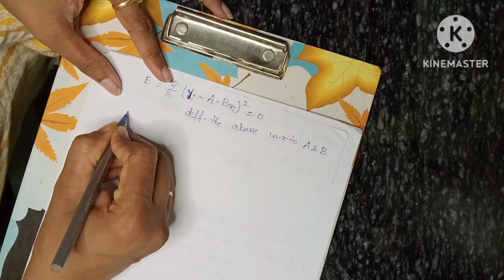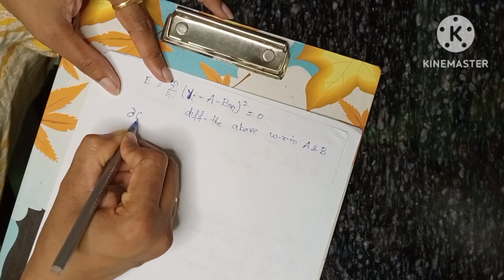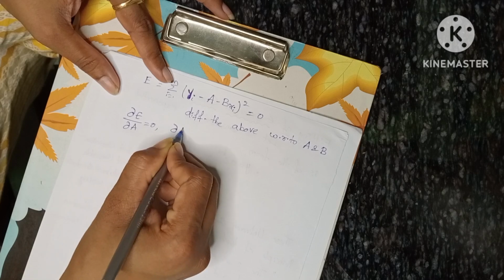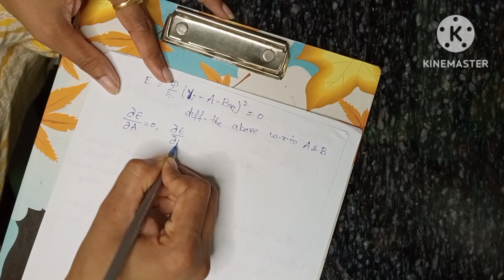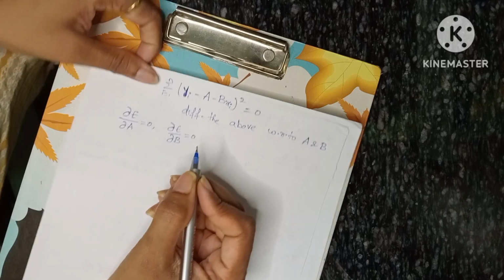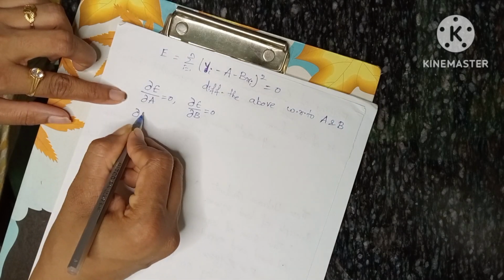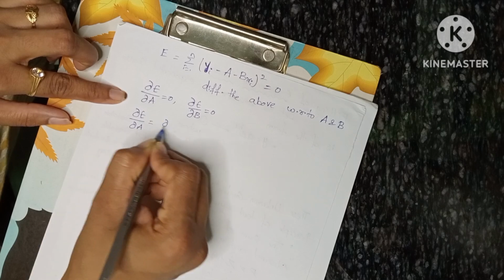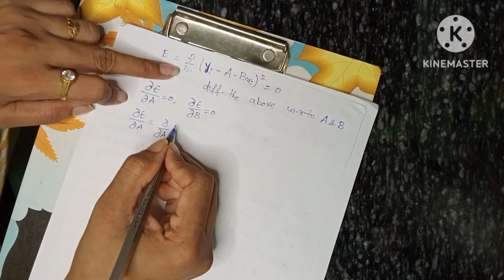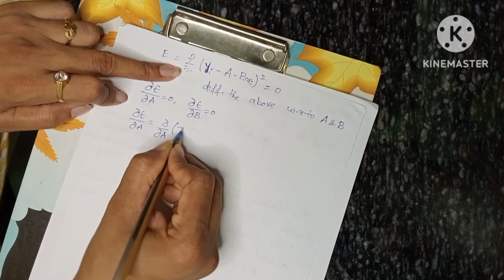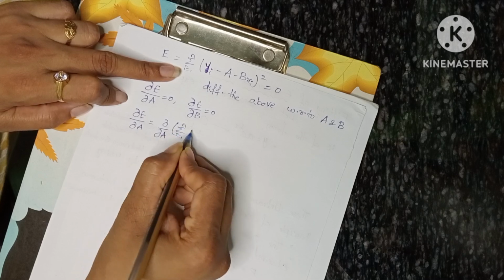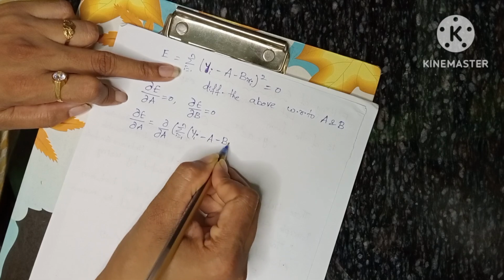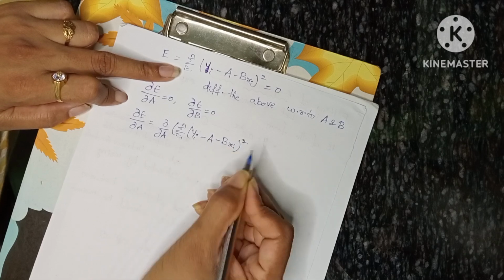So we get dou E by dou A equals 0 and dou E by dou B equals 0, partial differentiation. First we will take dou E by dou A equals dou by dou A of summation i equals 1 to n, yi minus A minus B xi, whole square.